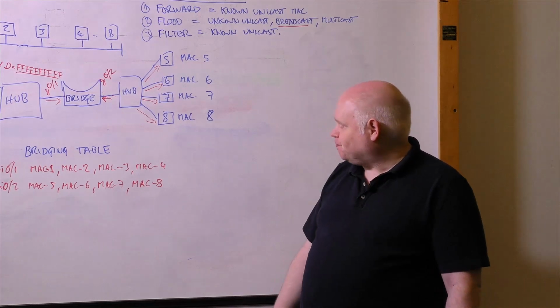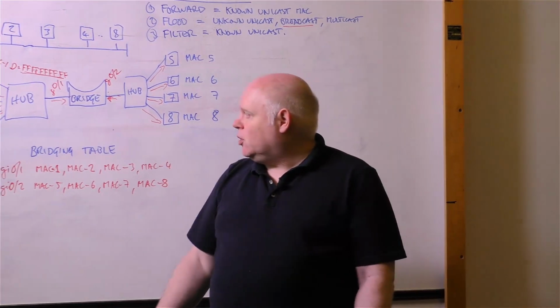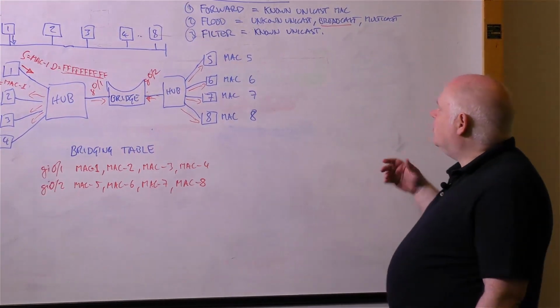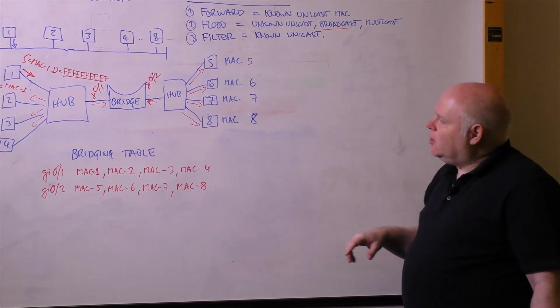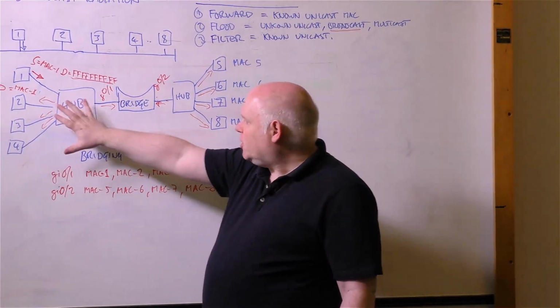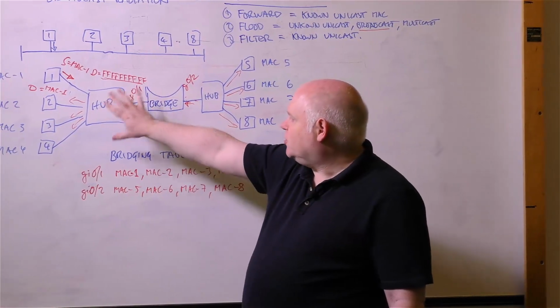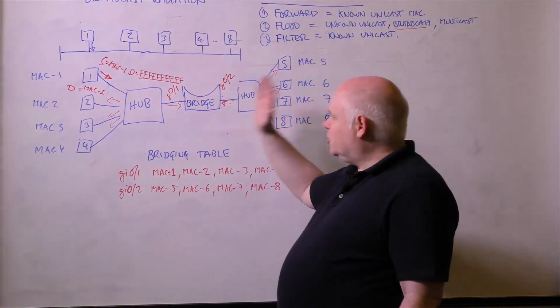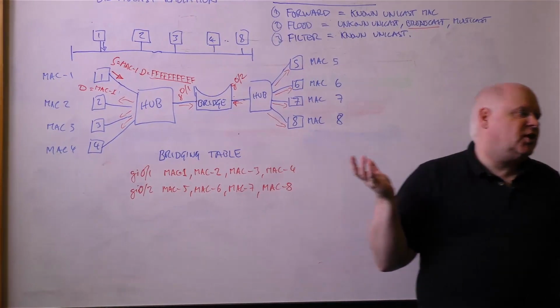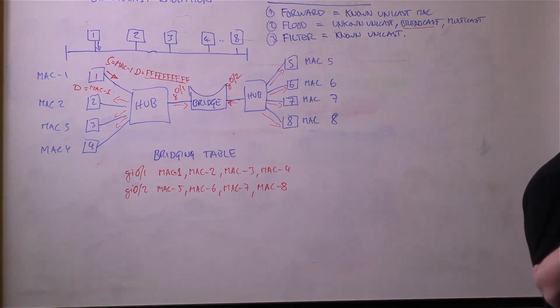Okay. So if we have known unicast traffic, the top one here, then frames can be forwarded out of the ports that they need to be and filtered off of the ports where the destination is known not to be.